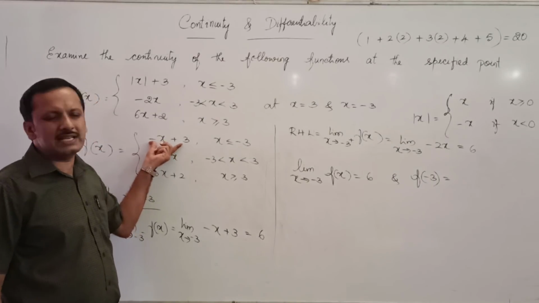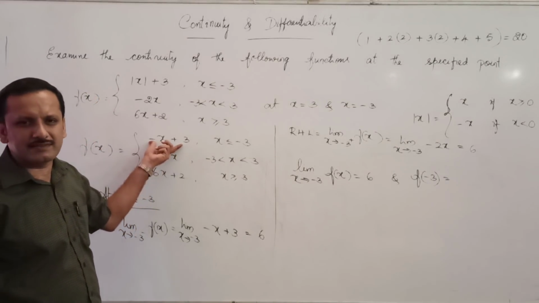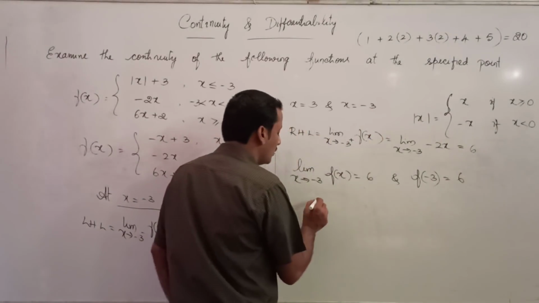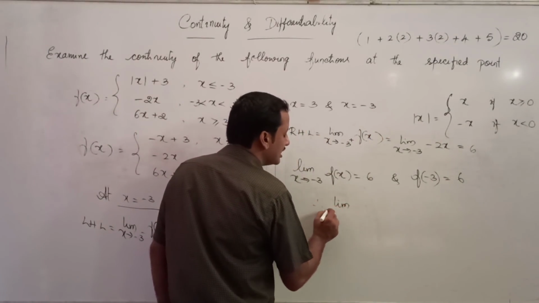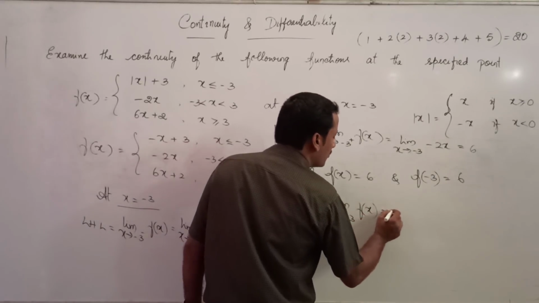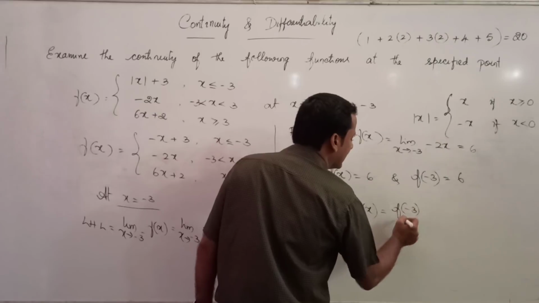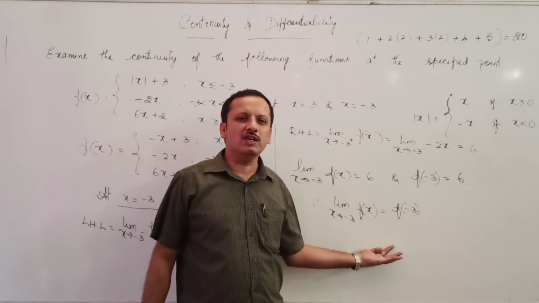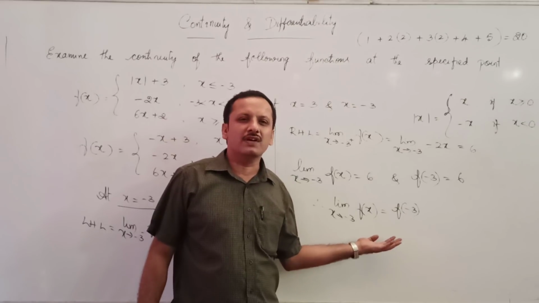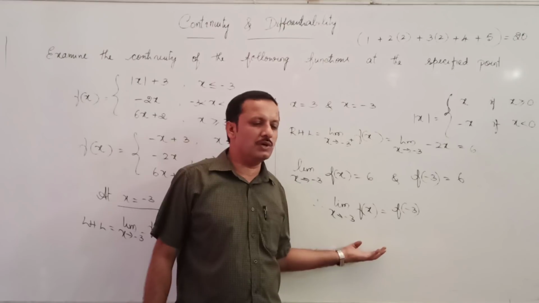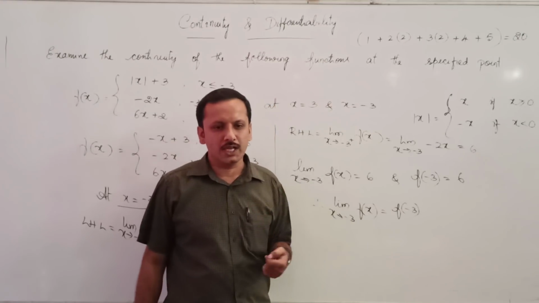Putting x equal to minus 3, we get minus of minus 3 which is 3 plus 3, that is 6. So limit x extends to minus 3, f of x is equal to f of minus 3. So according to the definition of continuity, we can say that the function f of x is continuous at x equal to minus 3.